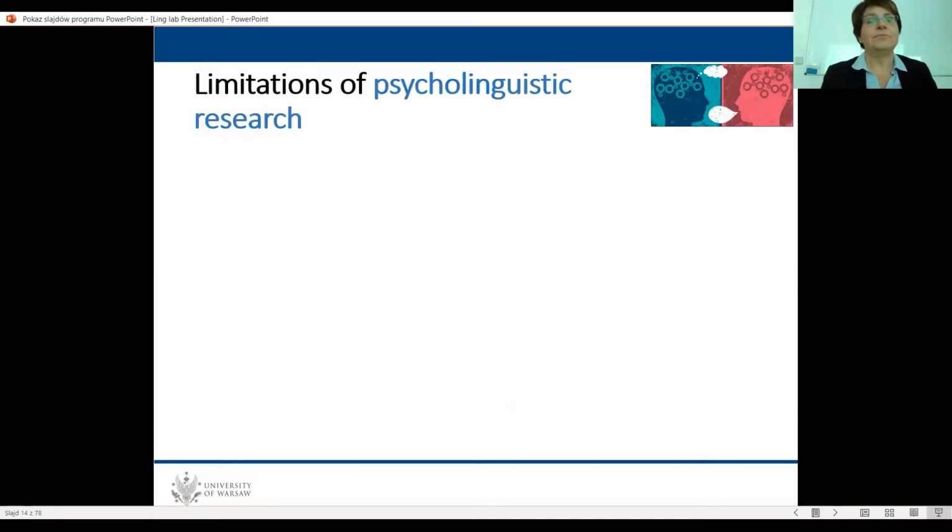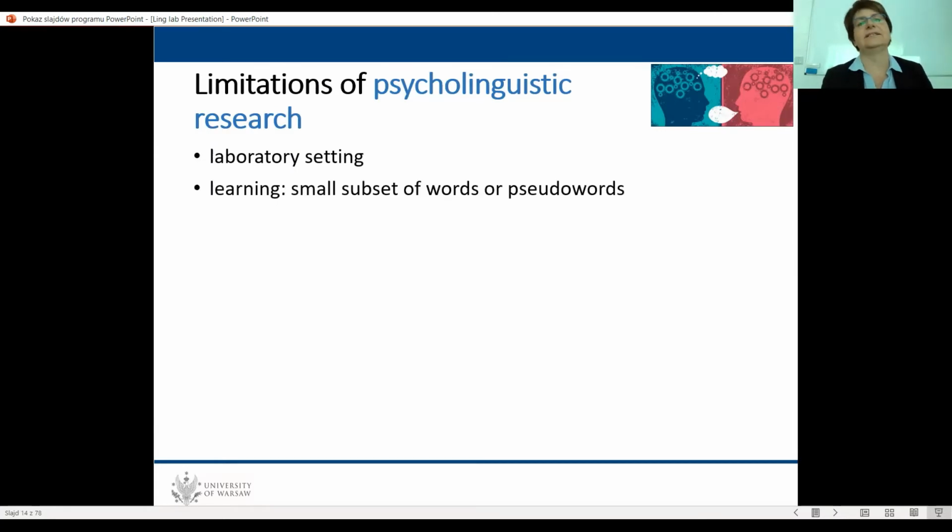Okay, now the problem is that psycholinguistic research has lots of limitations. First of all, lack of ecological validity, right? So it's done in laboratory settings, very often the subsets of words will be very small, like 10 words chosen for learning, for instance.